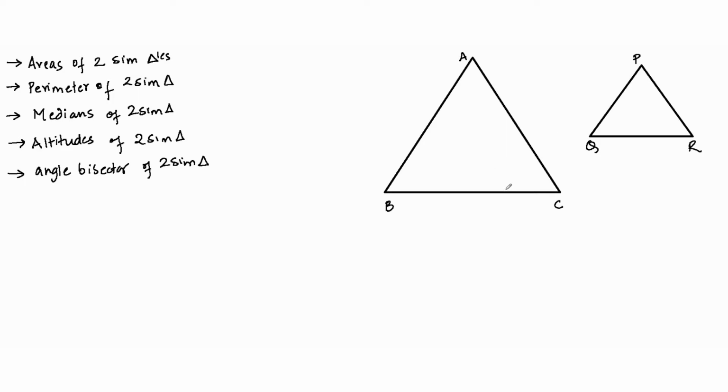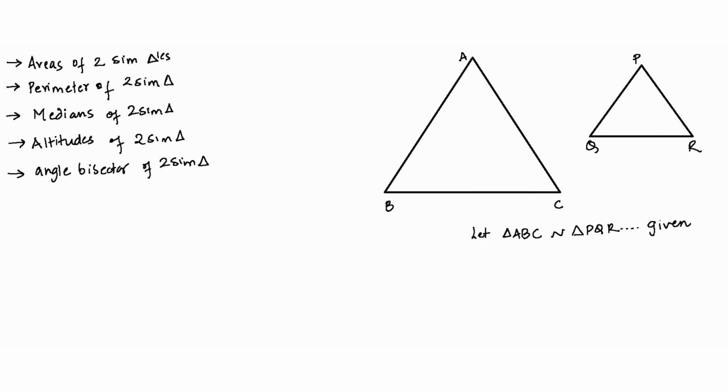Let's assume that triangle ABC is similar to triangle PQR. Let us assume that this is given to us. Now we are interested in finding the ratio of all these parameters in these two similar triangles.